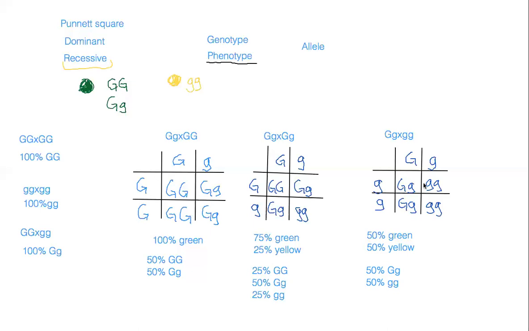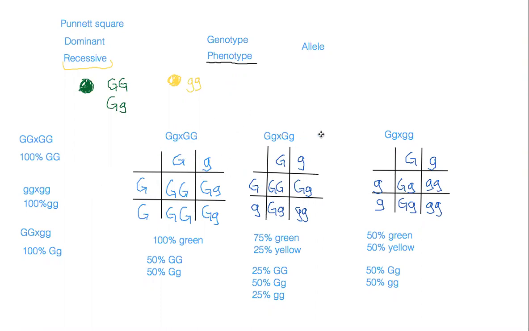The only way that you can have the recessive one at 100% is by the two parents having that. So in this case, talking about colors, it means that the two parents are yellow, so the offspring will be yellow. That's something that can happen with, for example, two parents having blue eyes. The only outcome possible for that is that the kids will have blue eyes. There is no other option.